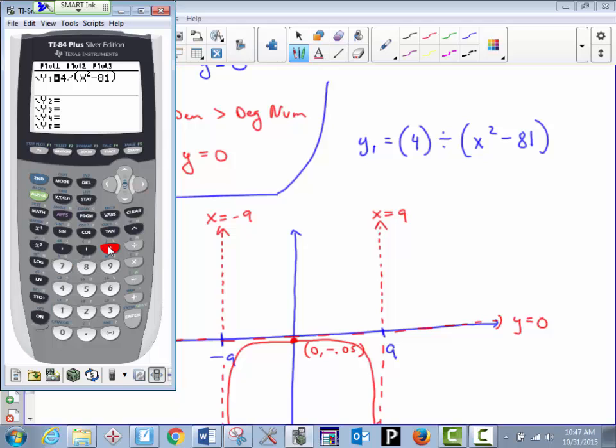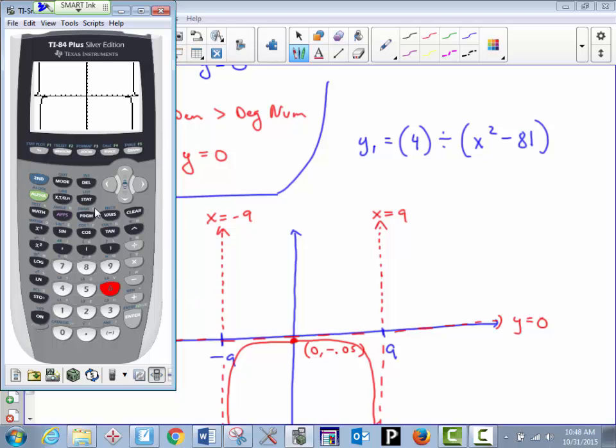All right, we're going to try this in a standard window. I don't really think a standard window is going to work because my vertical asymptotes are very close to negative 10 and 10. But let's try that to begin with, and then we can adjust it from there. You can kind of see the piece of the graph that we have down here. On your calculator, you can't actually see this particular piece, and we're going to do something about that so that we can.